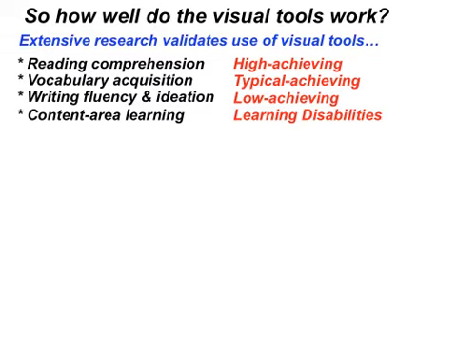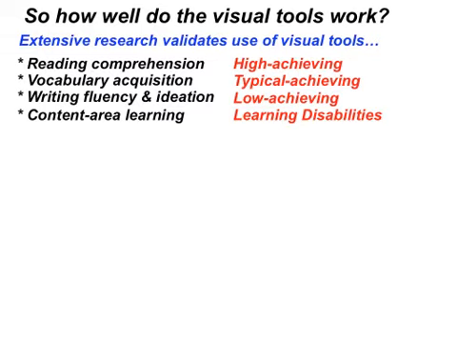And they really work across the board in terms of high achieving, typical achieving, low achieving, and students with learning disabilities. The problem is the more generic tools like webs and Venn diagrams and so forth, their effectiveness really falls off dramatically as these Common Core standards get increasingly more complex. They really just don't get the job done.